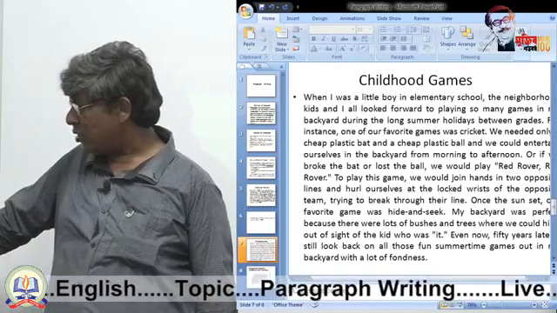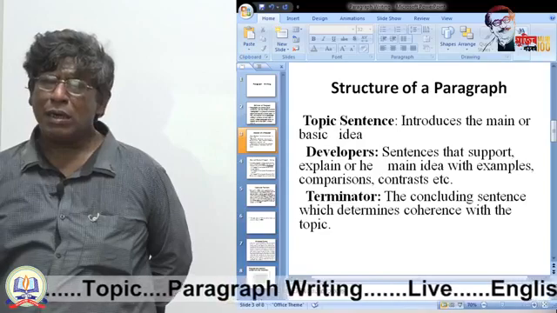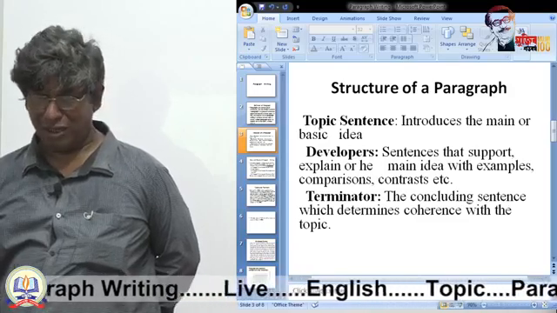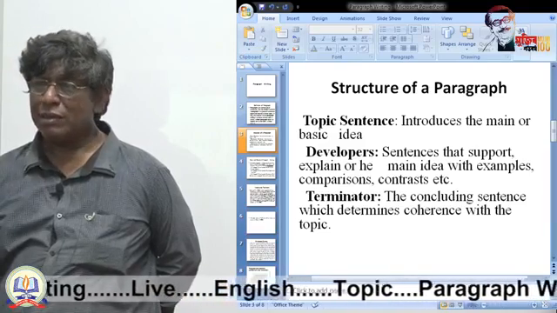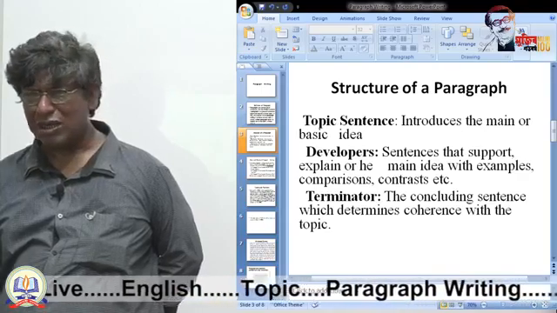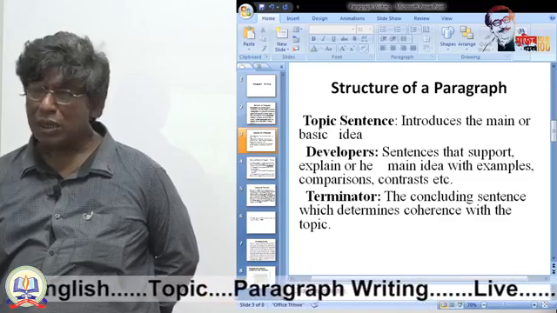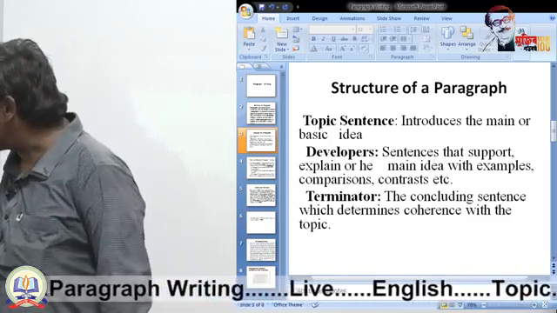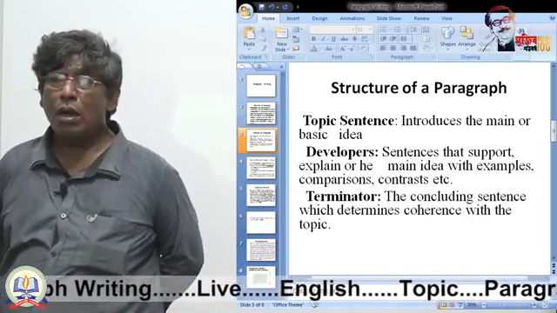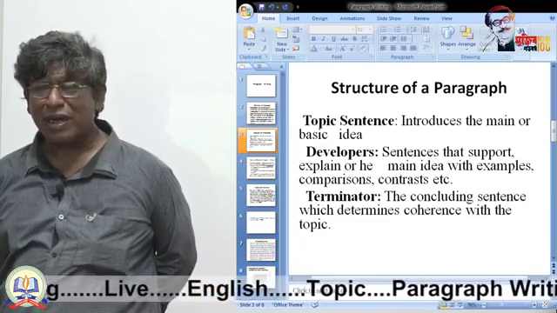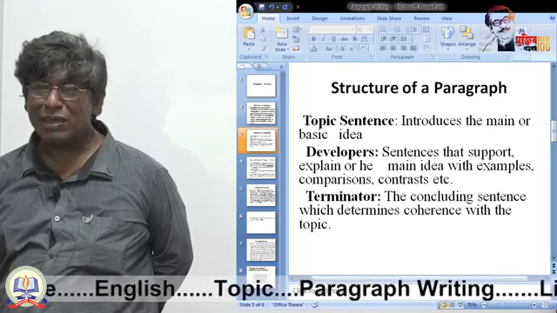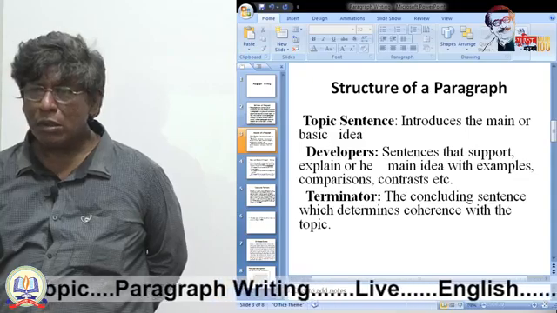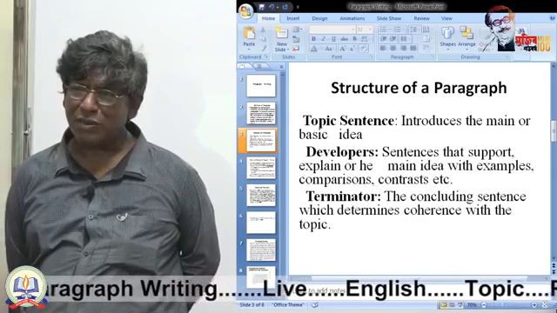Topic sentence introduces the main or basic idea, which takes the idea forward, and in the following sentences called developers, the topic sentence is simply either supported or explained with examples, numbers, contrasts, etc. When we go for writing a structured paragraph, say a paragraph written with the technique of examples, we will have to follow some popular or some fixed language.